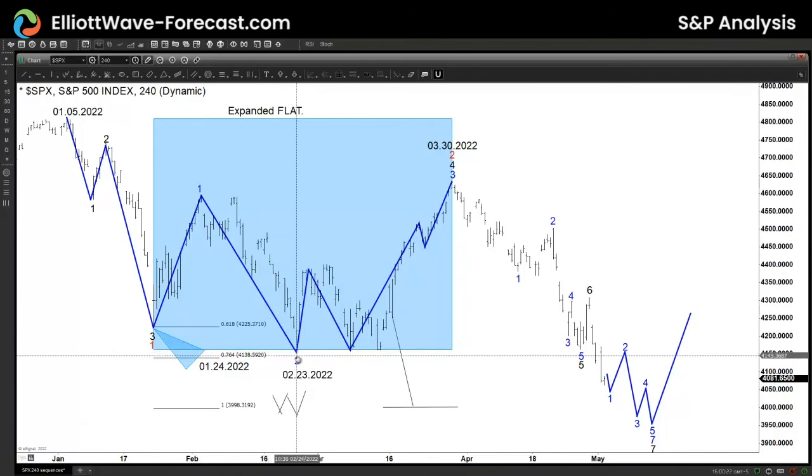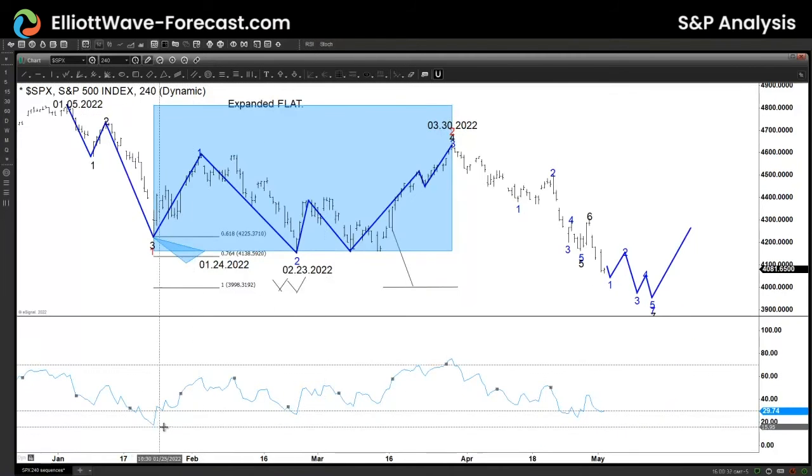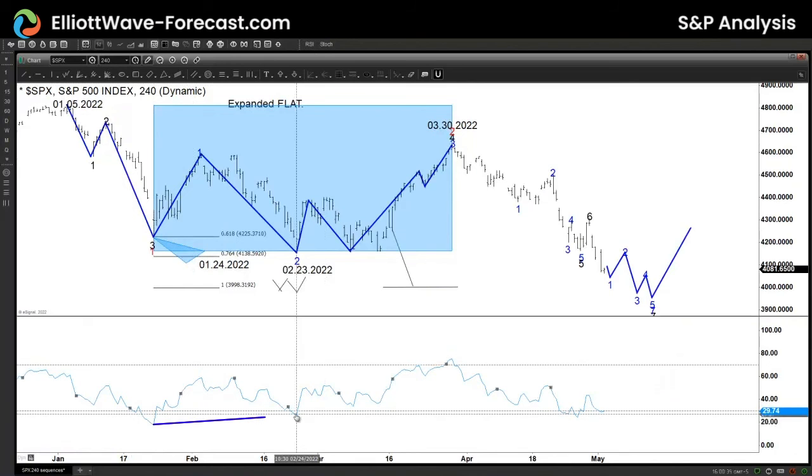This low needs to erase momentum divergence against the previous low.